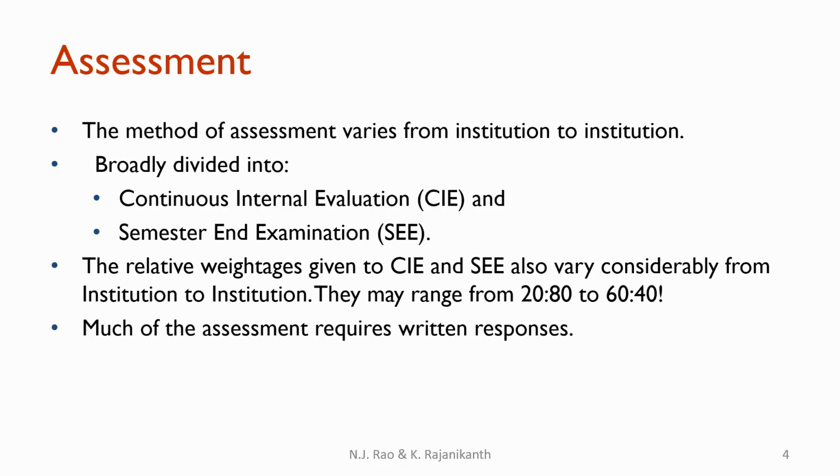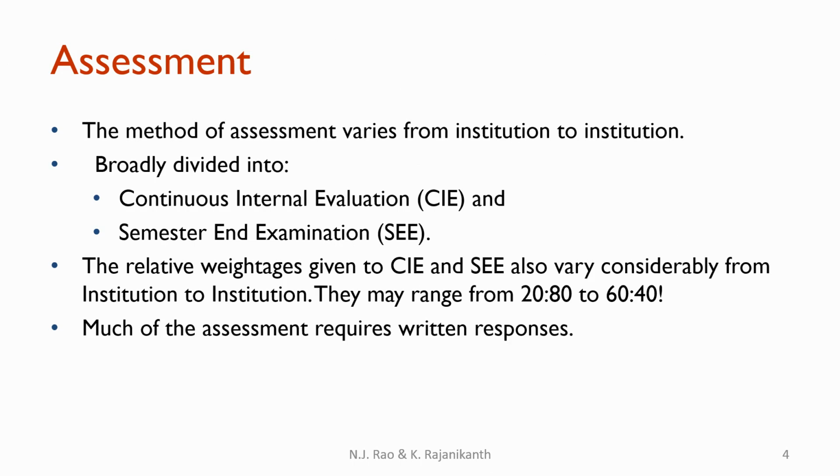In Tier 2 institutes which are affiliated to university, typically the weight given to the CIE is around 20 and the weightage to the semester end examination is 80. So, that is 20:80, but that can vary and go all the way up to 60:40 in autonomous institutes.